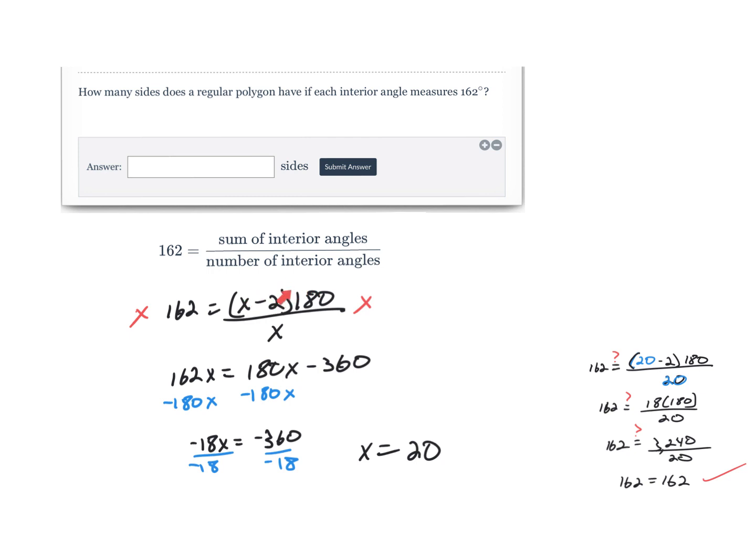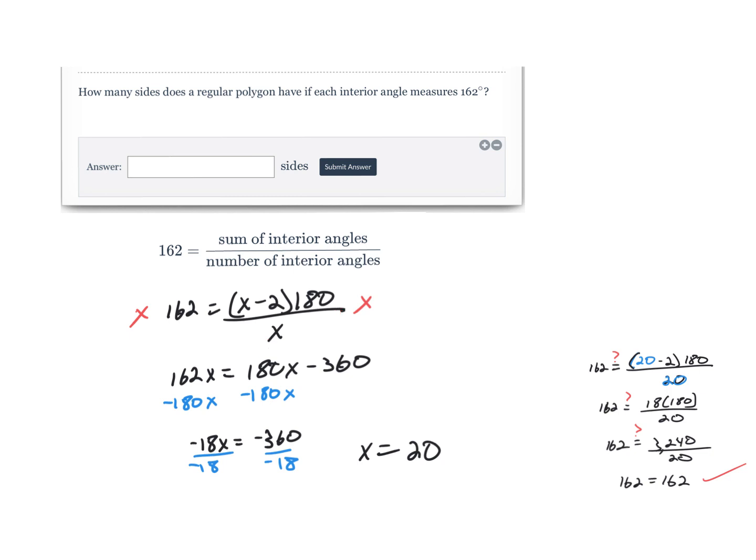But then if we divide the sum by the number of interior angles, then that equals each individual angle. So we've set up this equation where 162, the individual angle, is equal to the sum of the interior angles, which is how we get the sum, divided by the number of interior angles.